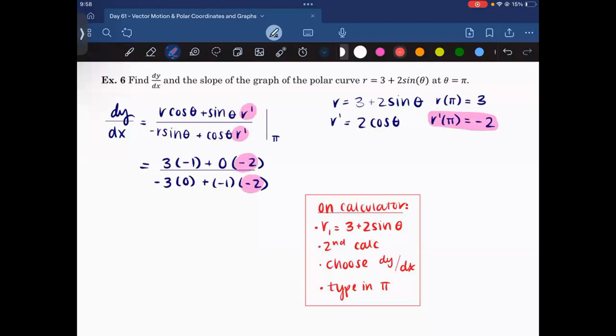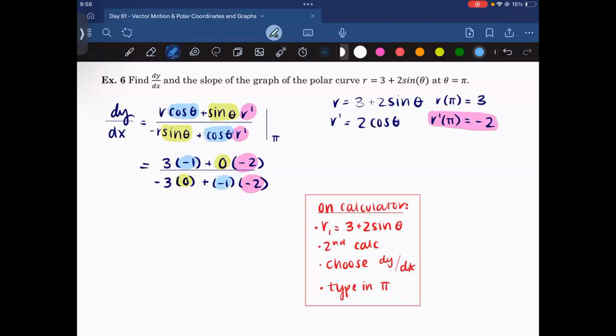If you're confused on where I'm getting anything from, just look at the corresponding information. This is just sine of theta, and sine of theta at pi is 0. Same thing here. And then cosine as well, which we know is negative 1.